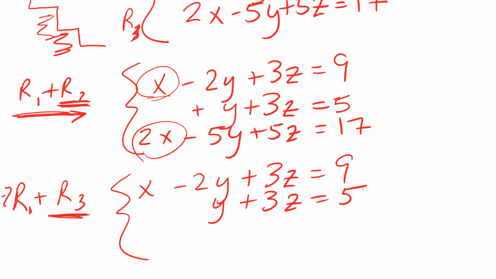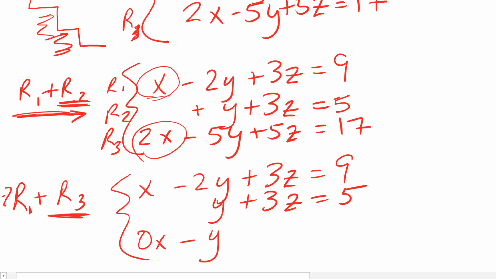All right, so here was r1, r2, r3. Negative 2 times r1. So negative 2x plus 2x is 0x. Negative 2 times negative 2y is positive 4y minus 5y is going to be negative y. Positive 4 minus 5 is negative 1, so negative y.